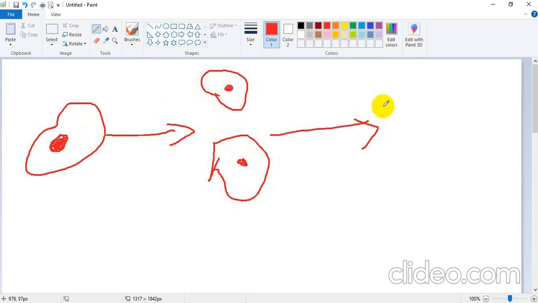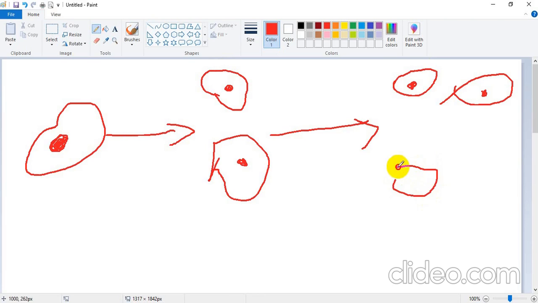Each of the 2 daughter cells will also divide. So upon division, we have 4 daughter cells. And these 4 daughter cells will also divide. And this process is called mitosis.